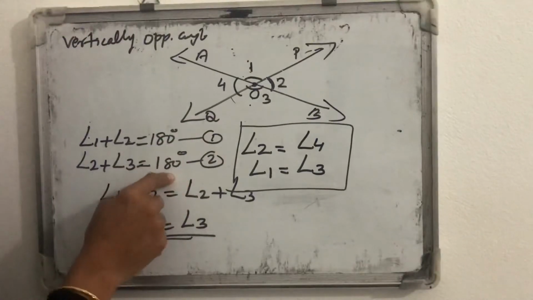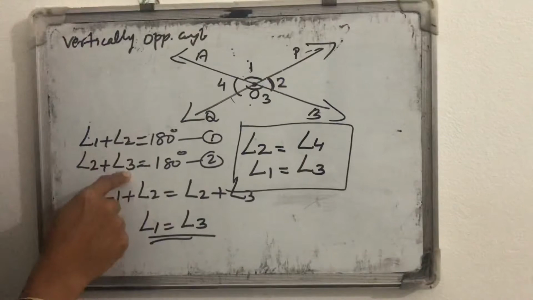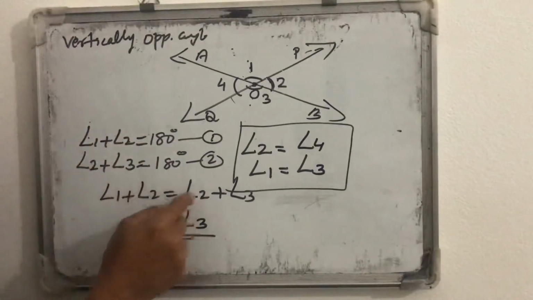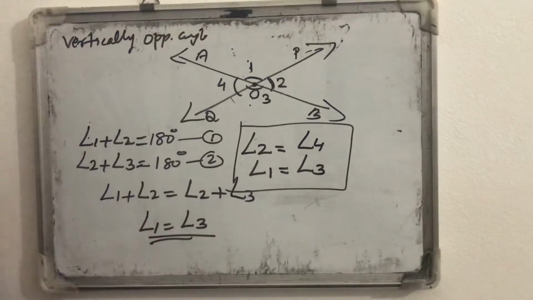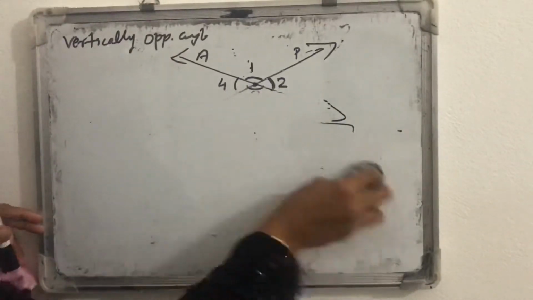From these equations, angle 1 plus angle 2 is equal to angle 2 plus angle 3, because their RHS is the same, so their LHS also will be equal. So angle 1 equals angle 3, just like angle 2 equals angle 4. This is the vertically opposite angles property.